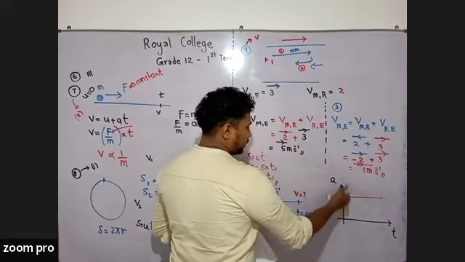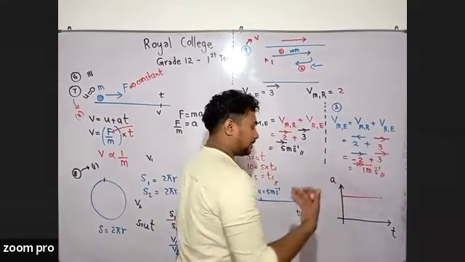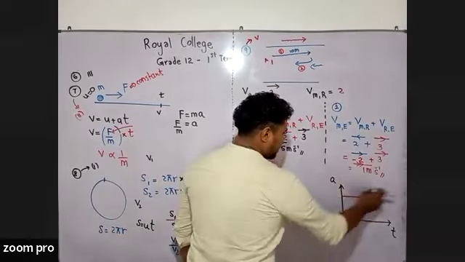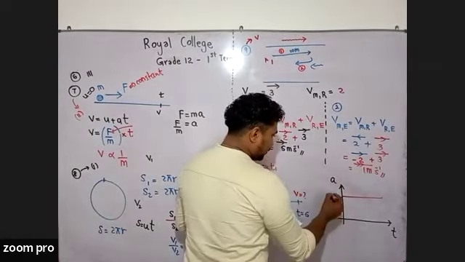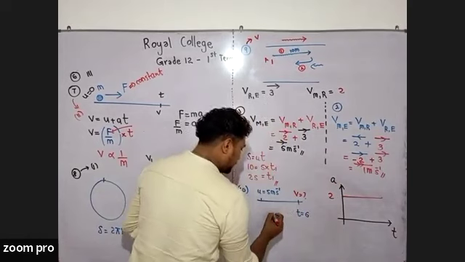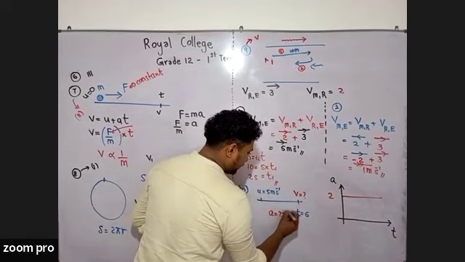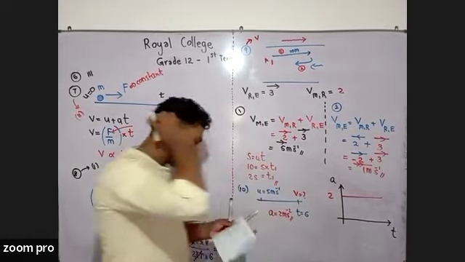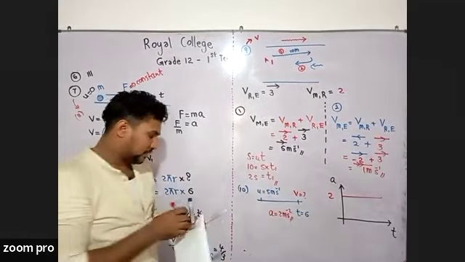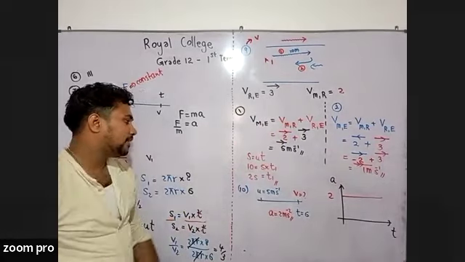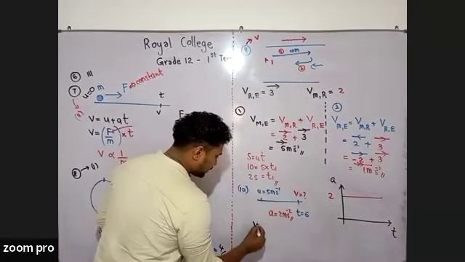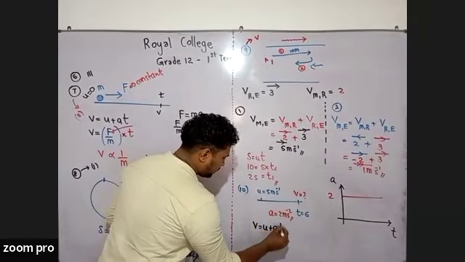That means even as the time increases, the acceleration remains constant. So the object is moving with a constant acceleration. Let's say the value is 2, isn't it? Right. Then we have to obtain the value of v. So let's apply the equation v equals u plus at.